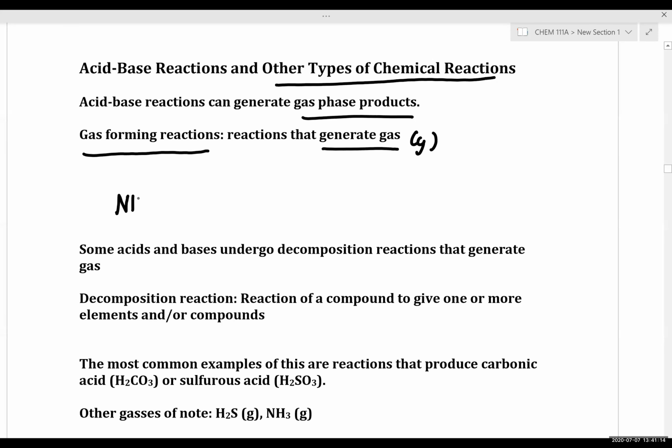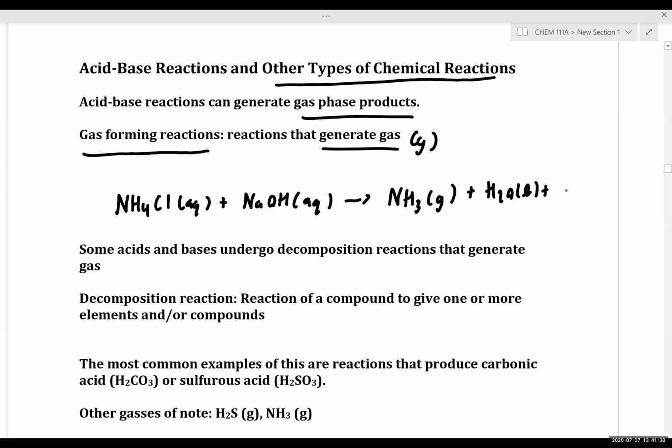So for example, if you take ammonium chloride aqueous and you treat it with sodium hydroxide, you will generate, in turn, ammonia, which is a gas, water, and sodium chloride. In fact, one way that you can detect the presence of ammonium in a salt is by treating it with base and observing the resulting generation of ammonia, which has a very distinct smell.